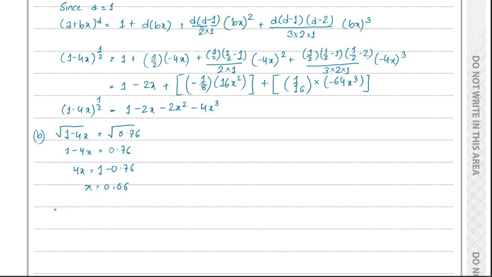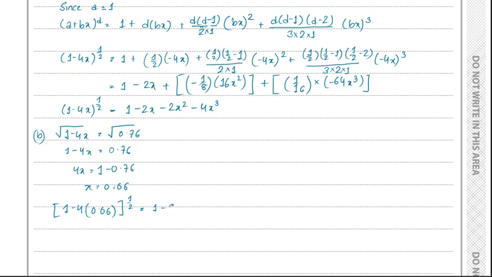Or you can also write it as root over 1 minus 4x. So bracket 1 minus 4 and x we call 0.06, bracket close, to the power half, and we will put the value of 0.06 in our expansion.